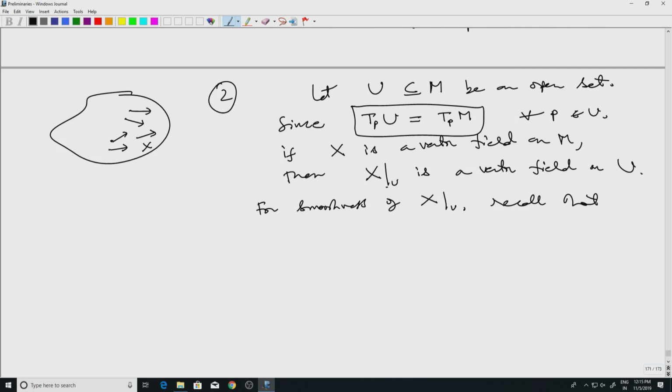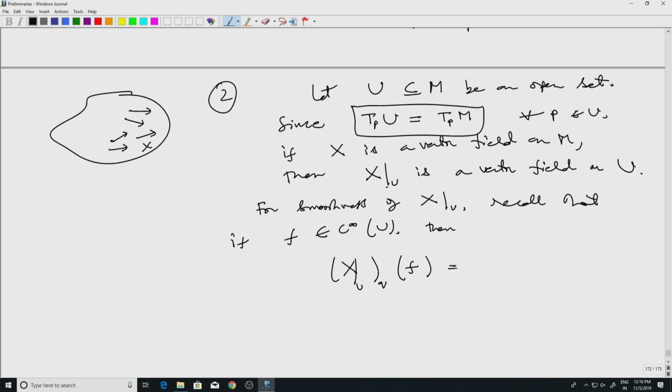Well, recall that if F is a C infinity function on U, then the action of X restricted to U at the point Q, acting on this function F.